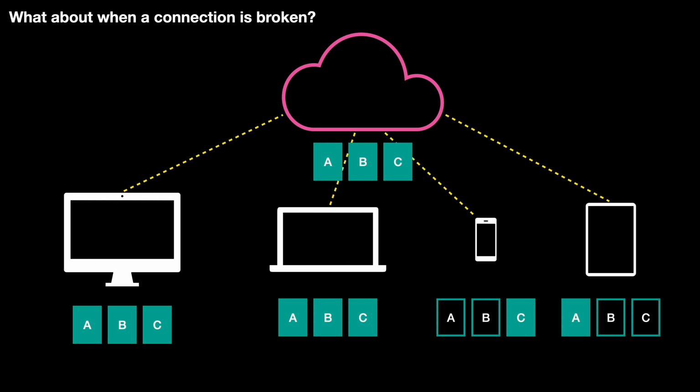Now what happens if the connection is broken? So what happens if you don't have a connection, say, to your MacBook? Maybe you've turned off Wi-Fi or you're someplace where you can't get access to Wi-Fi. Well, then you update file C and that new updated version is only on the MacBook. It's not on the iMac, it's not on the iPhone, it's not on the iPad. Why?